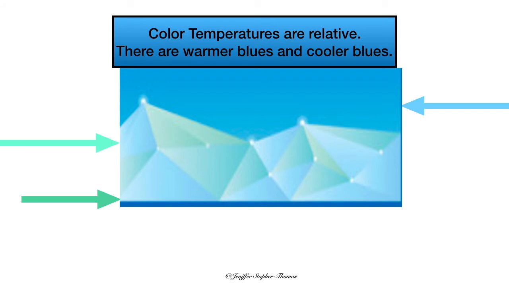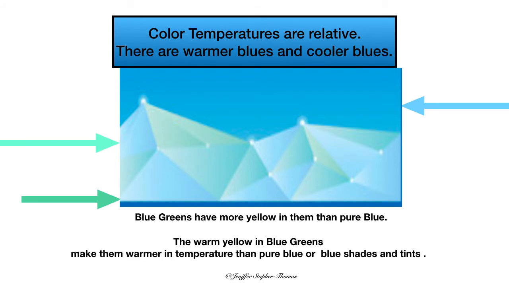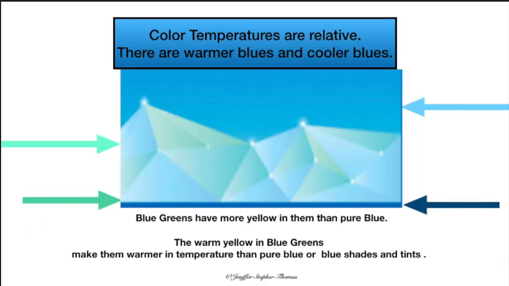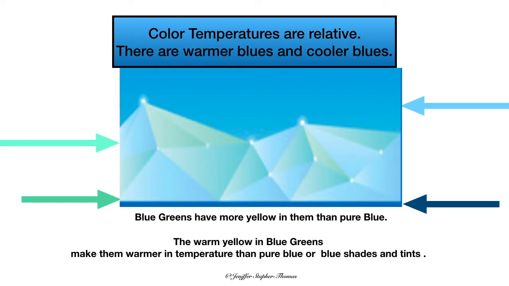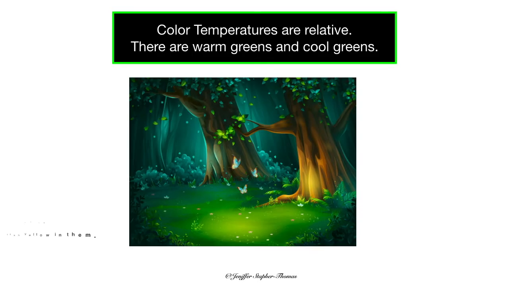Boy, next to true blue, those blue-greens look very green, don't they? Well, maybe they're like green-blue or blue-green, because there are warmer blues and cooler blues, and shades of blues and tints of blues. After all, color is relative.